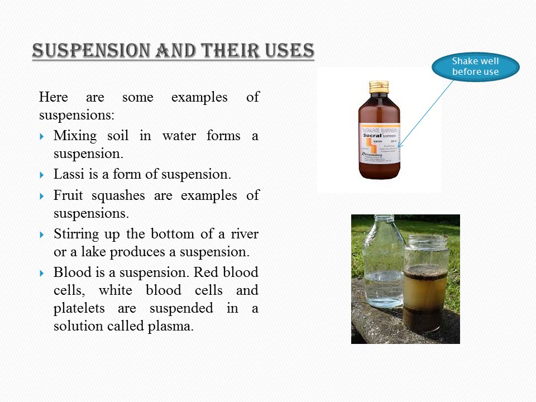Similarly, blood, which is part of our body, is also a suspension. Blood consists of many blood cells, which are red blood cells, white blood cells, and platelets. All these cells are suspended in a solution called plasma. So we can take examples of suspension from our daily life, even from within our body.